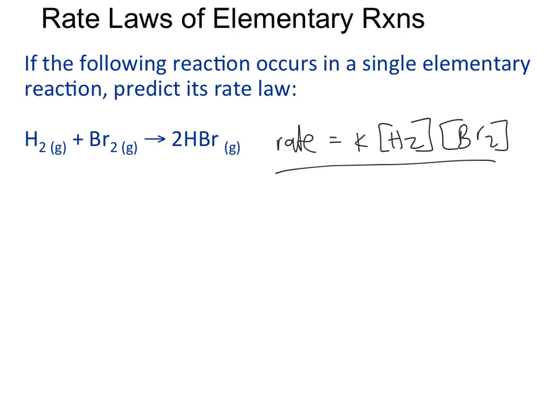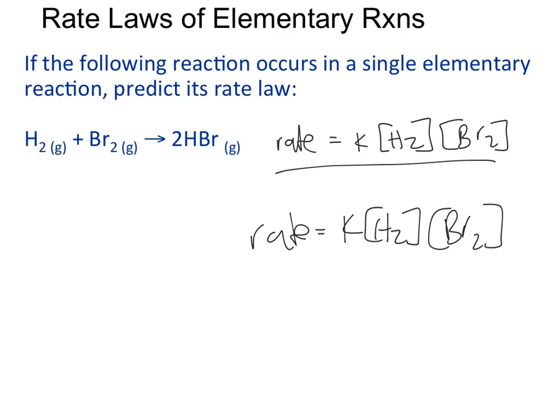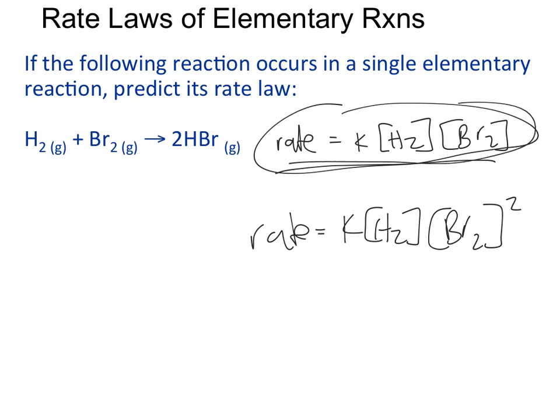However, what we actually find out experimentally is that the rate law is more like something like this. Which is very different than what we have expressed from the elementary rate law above. However, if you know that you're looking at an elementary step, you can write a rate law. Now, the rate law that you propose must also match the rate law of the experimentally determined analysis of that reaction.